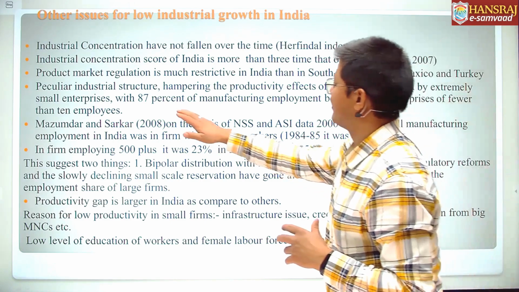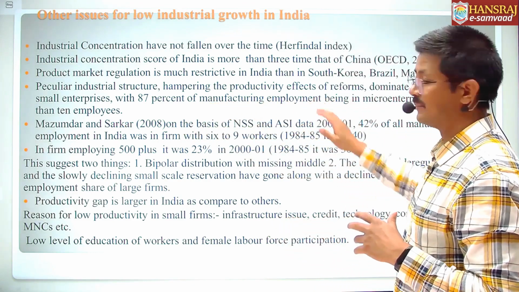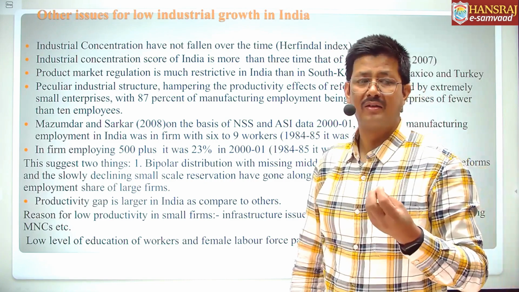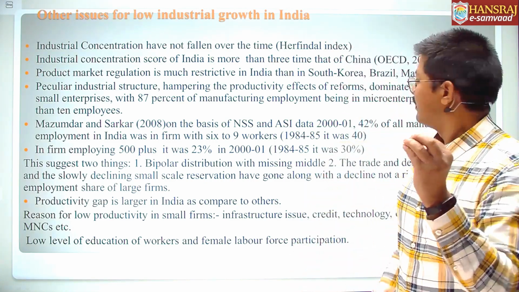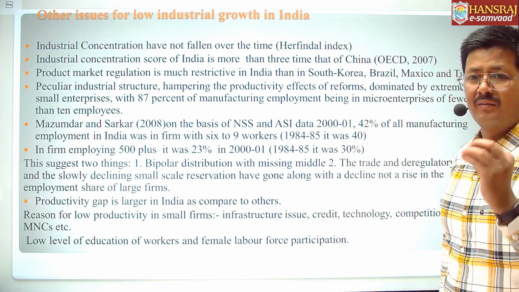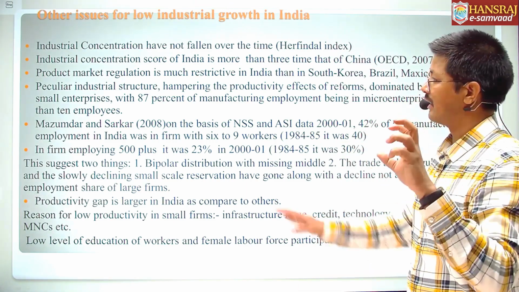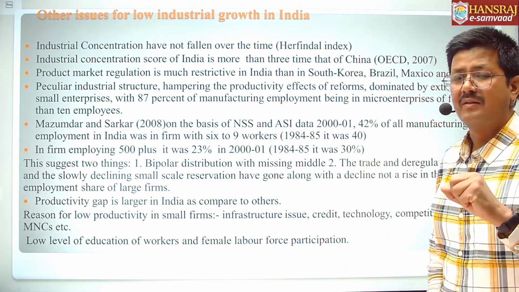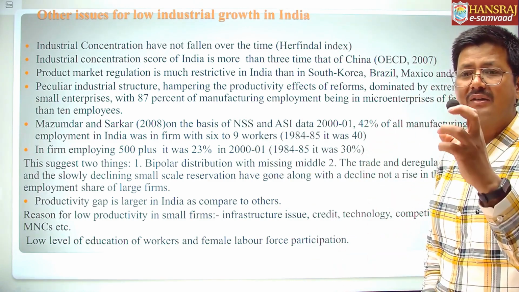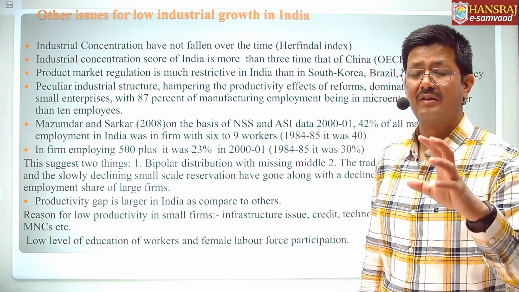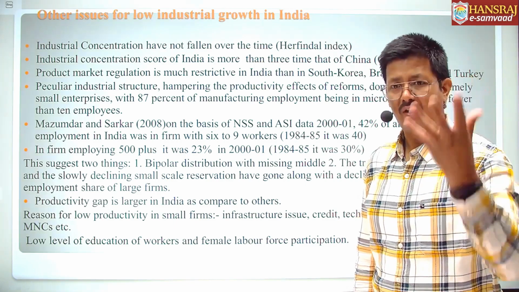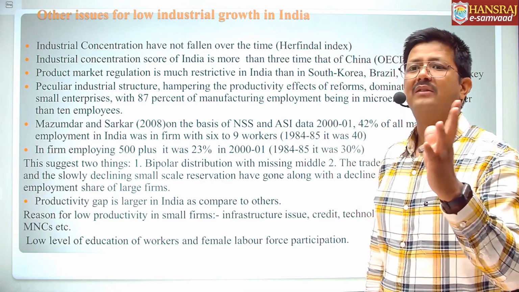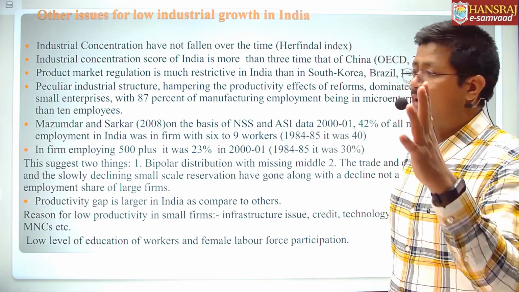So it means the tininess of the manufacturing units results in low productivity in the manufacturing sector. That is the reason behind the slow growth rate of the Indian manufacturing sector.